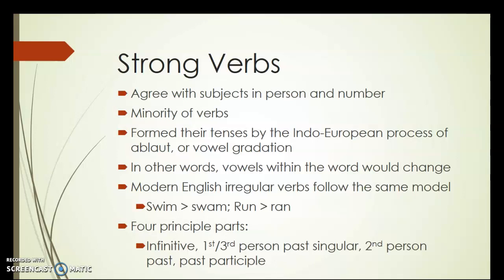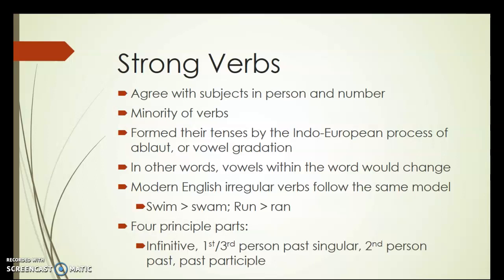And then if we take dialect into consideration, it's just a handful. So let's keep this contained by talking about strong and weak verbs. There are fewer strong verbs, but they're used more frequently. Okay, strong verbs are comparable to modern English irregular verbs.